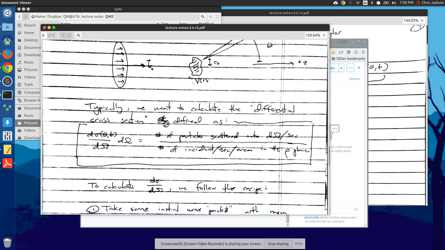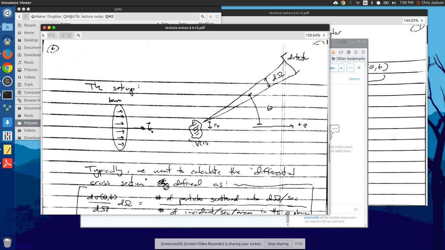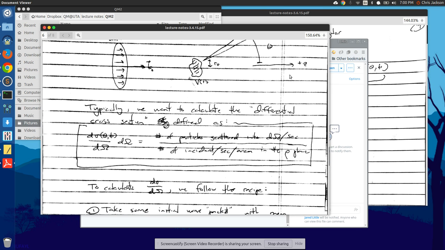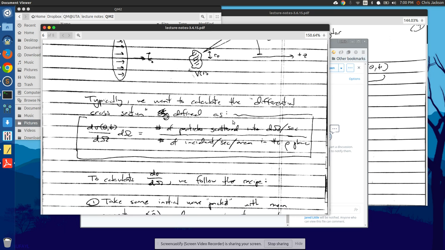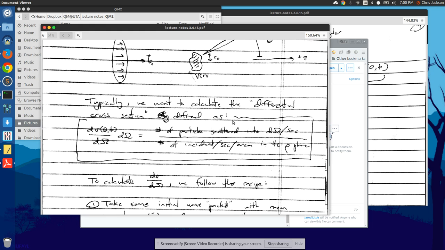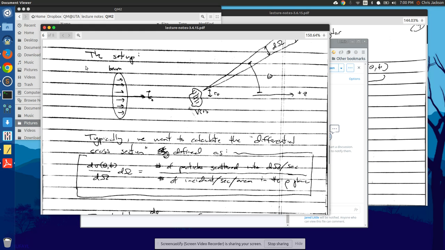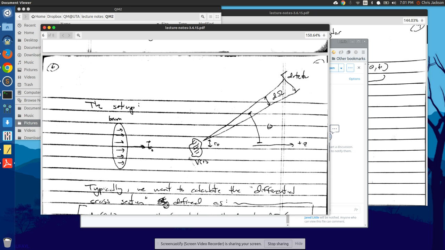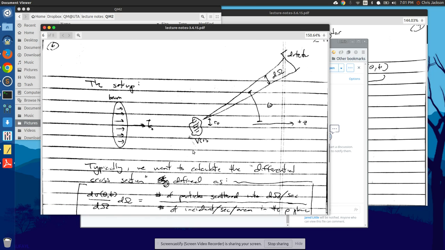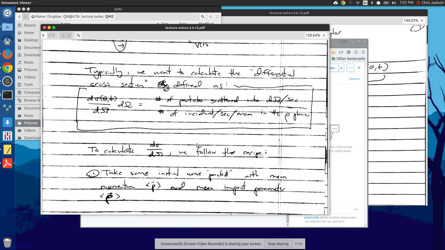It's basically the number of particles scattered into this detector per second, divided by the number of incident particles per second per area in this rho plane. So it's the number of particles that go into this detector divided by the number of particles that are incident on this potential.